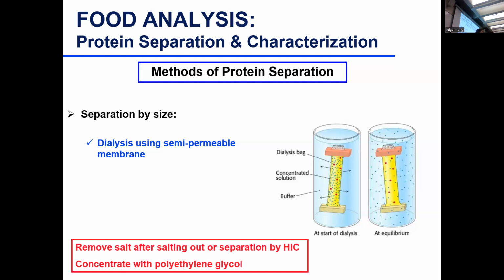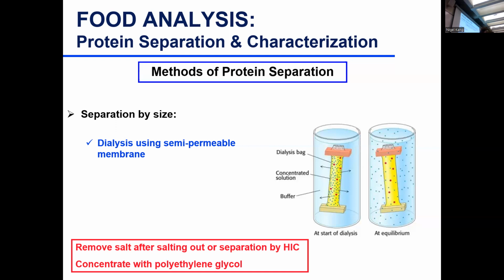So based on diffusion, the ions pass through the membrane and go to the water. And it continues until equilibrium reaches. Once the equilibrium reaches, which takes like 3 or 4 or 5 hours approximately, we need to change the water and do another wash. And we repeat this for 3, 4, 5 times, depending on our purpose.